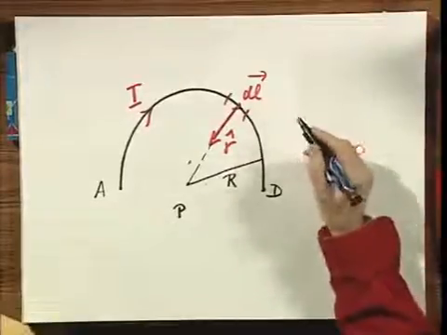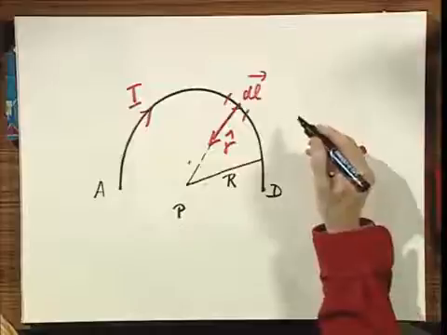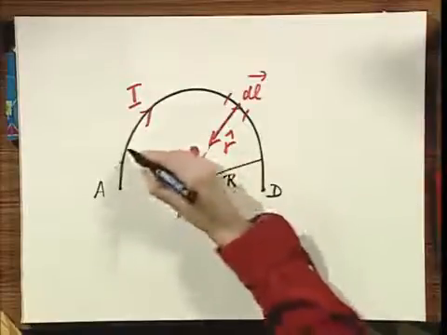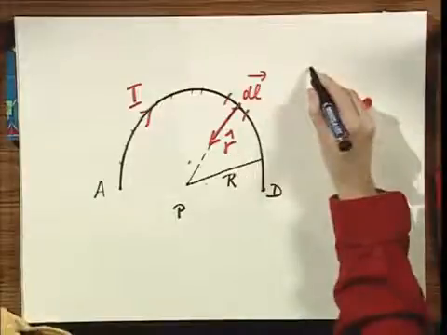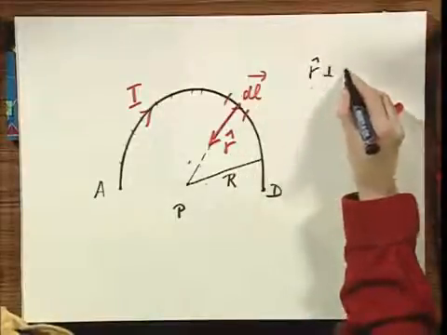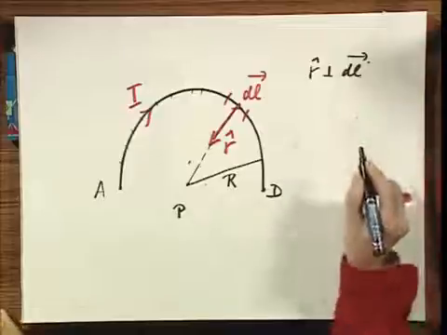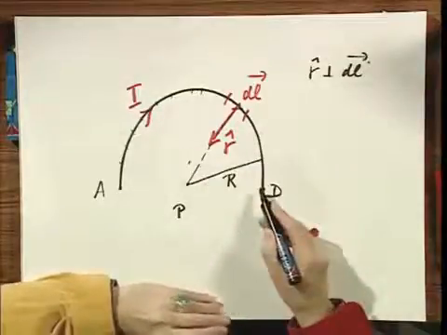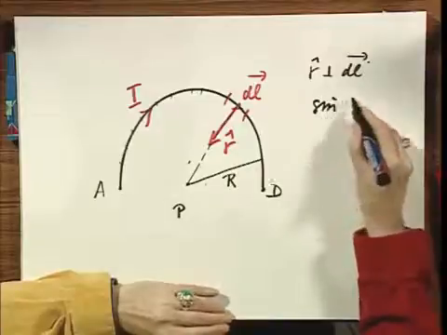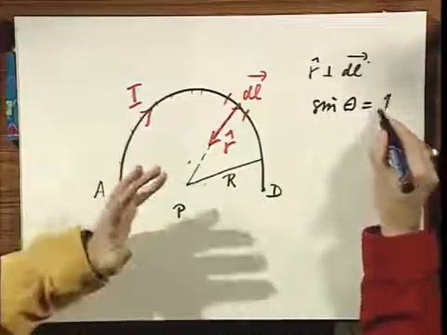What is interesting is that for every element dl, r is perpendicular to dl. And therefore, in all cases, the sine of that angle theta is the same, 1.